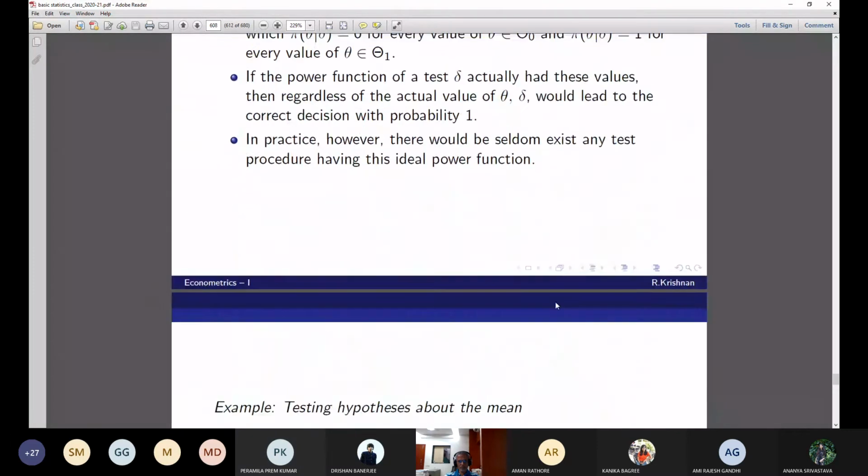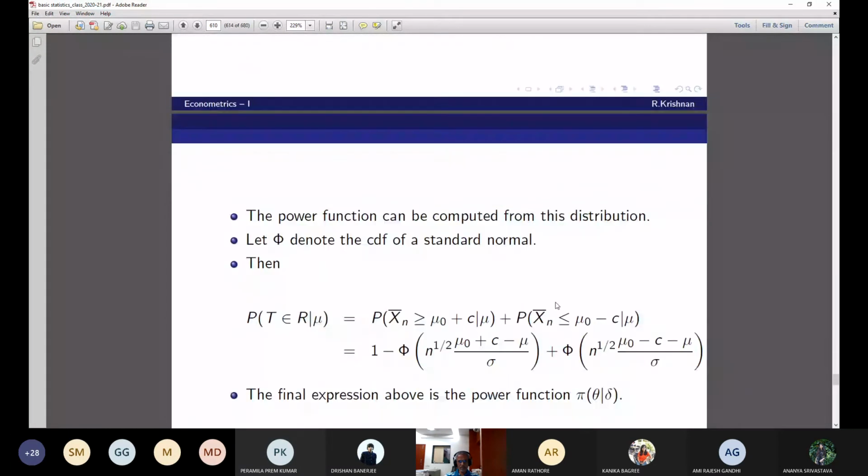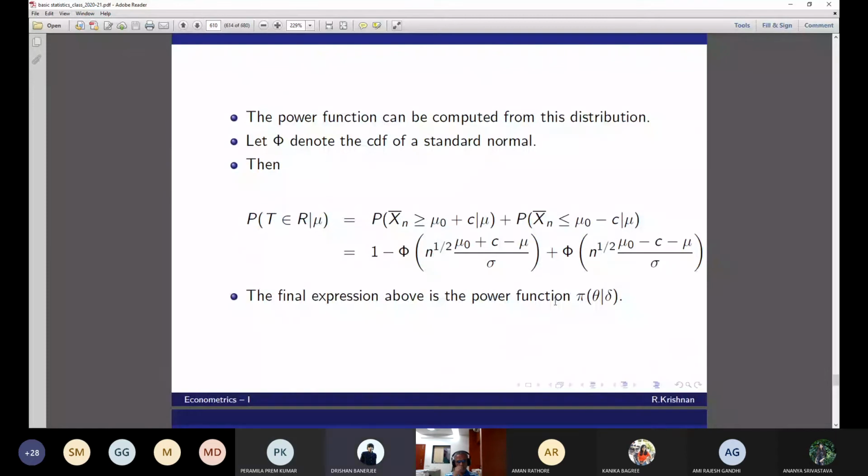Suppose, Drishan, I ask you a simple question. Suppose the hypothesized mean is 20, but you have calculated 19, for example.